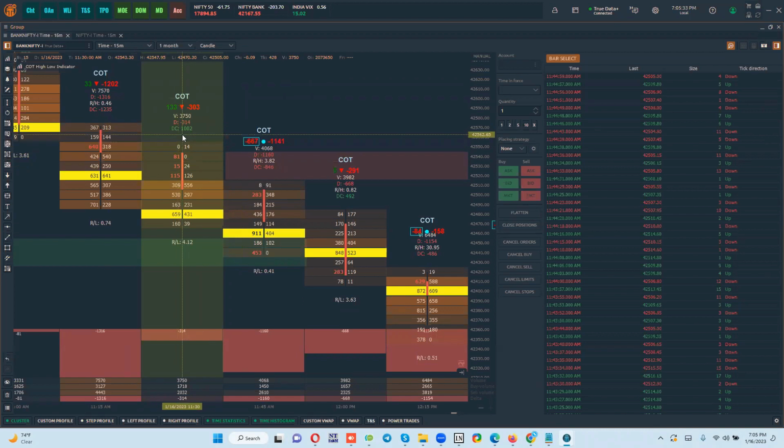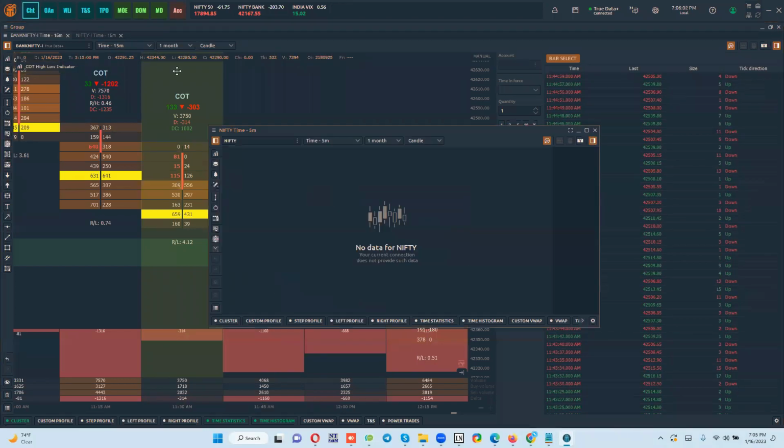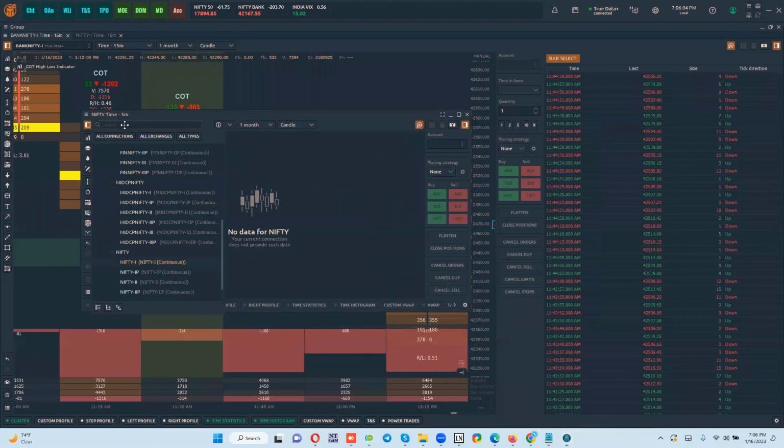We had a high at 42,547.95. Let's look at where that particular data point is. I think it happened at the start of the bar. Let me look at this. Or let's do one thing: I will put this information on a smaller time frame, which will be easier to understand.